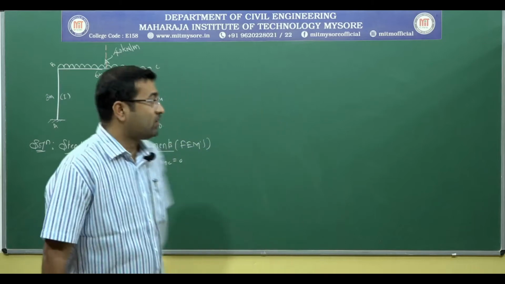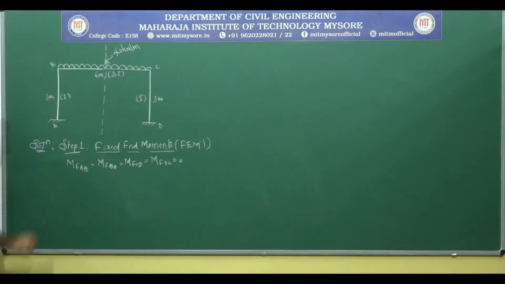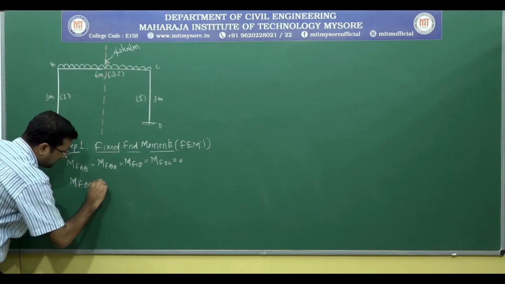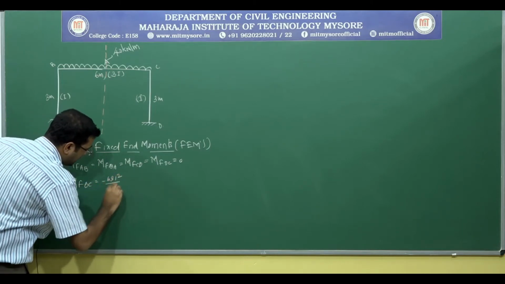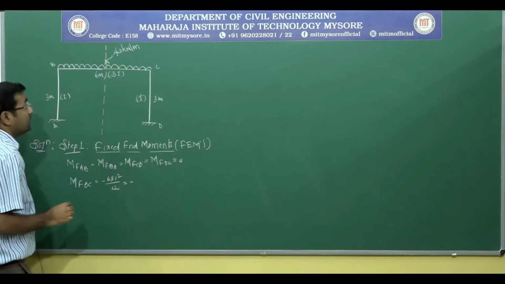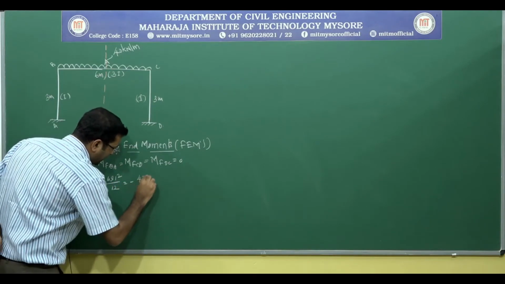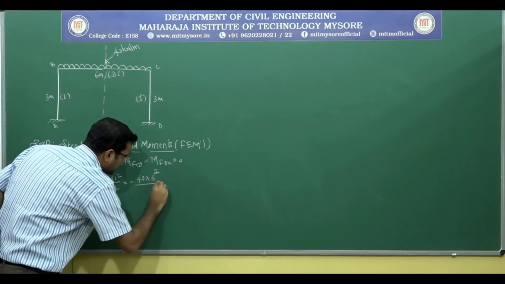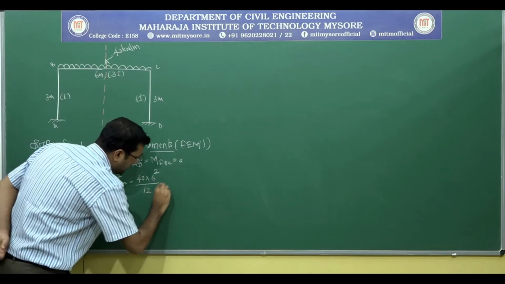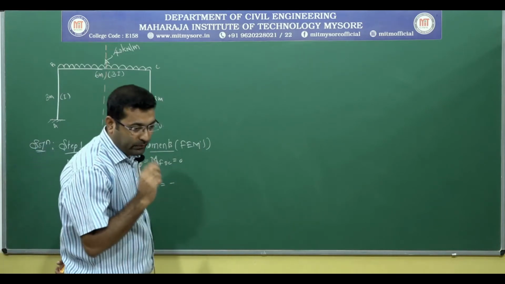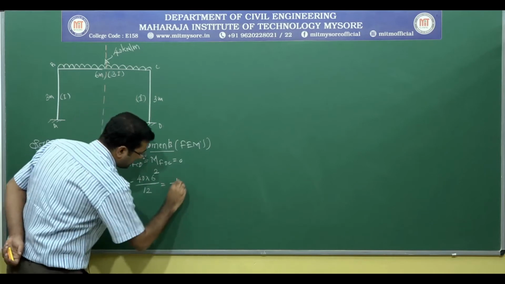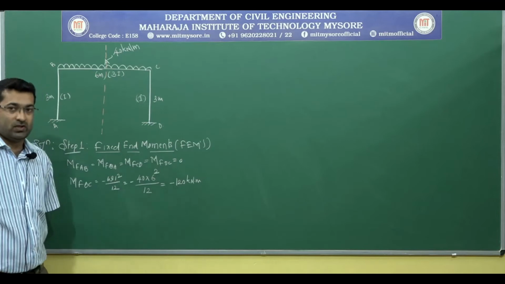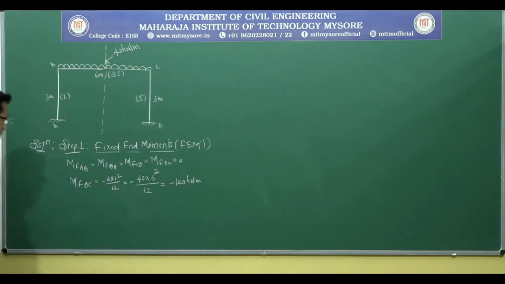The only member on which the load is acting is member BC, for which we need to determine the fixed end moment. So MF BC is equal to minus WL square by 12. Here W is 40 kilonewton, so it is minus 40 into the span, which is 6 meters, so 6 square divided by 12, which gives you a value of minus 120 kilonewton meter.